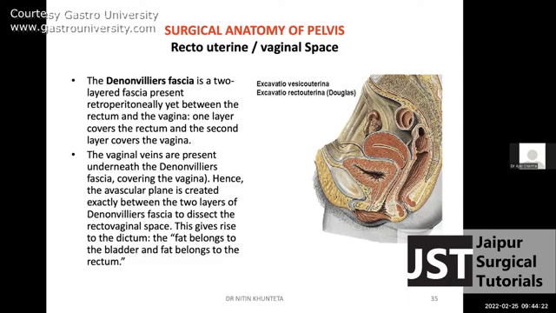Nitin. Yeah. So we're discussing the Denonvilliers fascia. It's a two-layered fascia which is present retroperitoneally between the anterior wall of the rectum and the posterior vaginal wall. It is a potential space which is created for these surgeries.